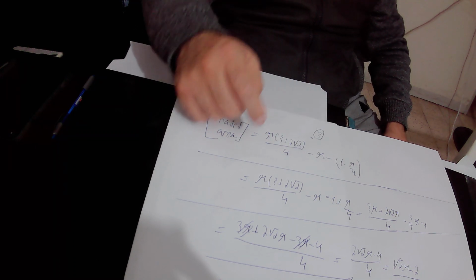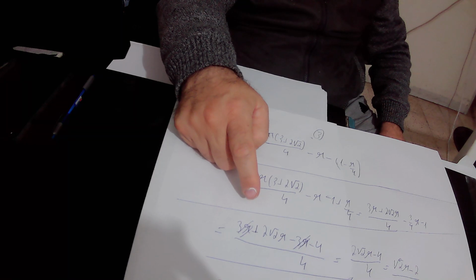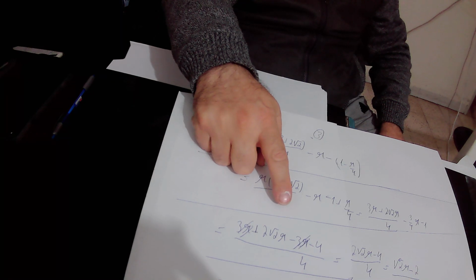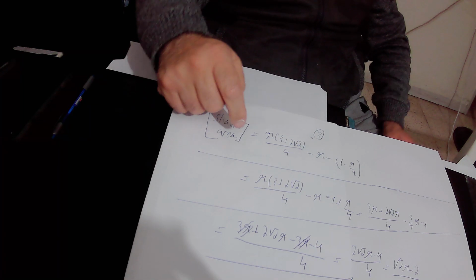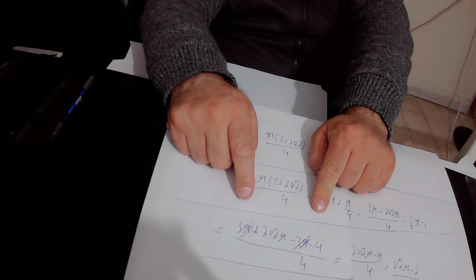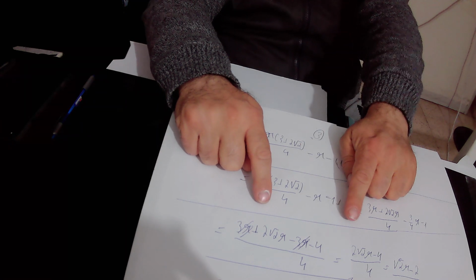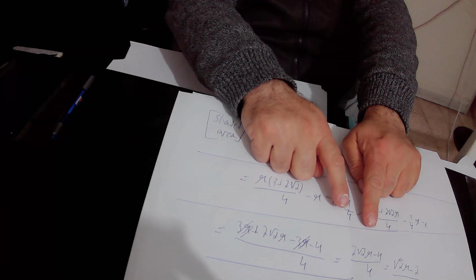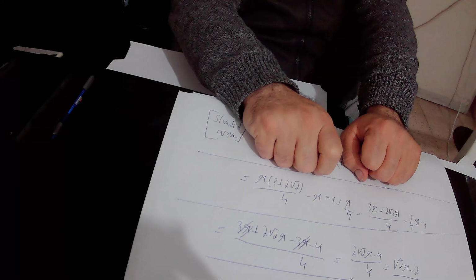We found out that 3 pi plus 2 times square root of 2 times pi minus 3 pi minus 4, over 4, is the value of the shaded area. 3 pi minus 3 pi is 0, so we cancel those two expressions. We are left only with 2 times square root of 2 times pi minus 4, over 4.